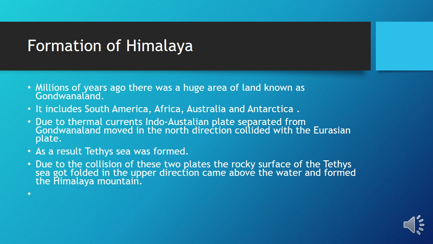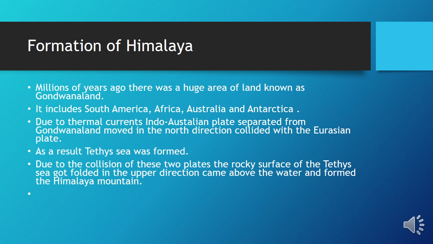Due to the thermal currents occurring in the interior of Earth, the Gondwana land broke up into huge land areas known as plates. One such plate was the Indo-Australian plate. This plate separated from Gondwana land and moved in the north direction.